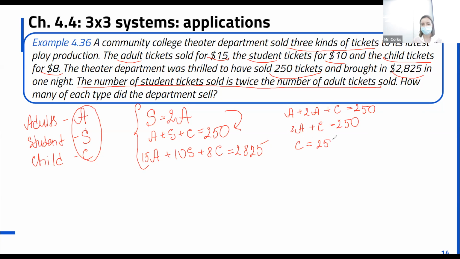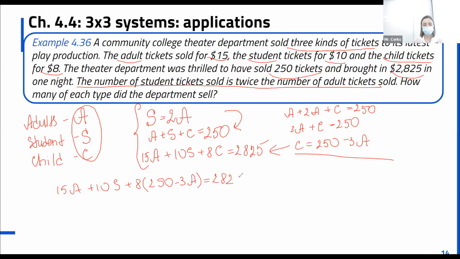So C is 250 minus 3A. And we will input it here. So 15A plus 10S plus 8 times (250 minus 3A) equals 2825. So what do we get? Plus 2000 minus 24A equals 2825.